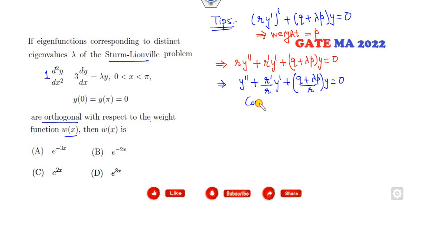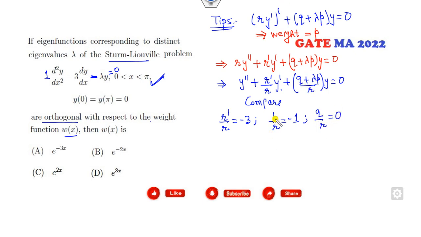Now I can compare this equation with the help of here. So what is r'/r? It is −3. On the right-hand side, I can say this is minus λ. So what is the coefficient of y? Minus λ. So it means p over r is my minus 1 and q over r is my 0.